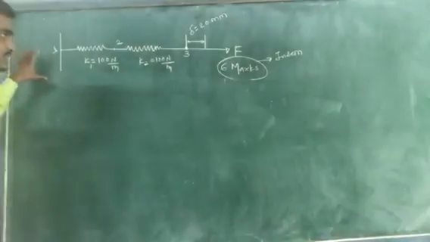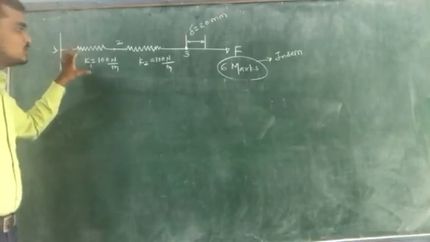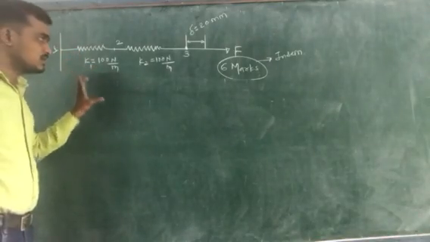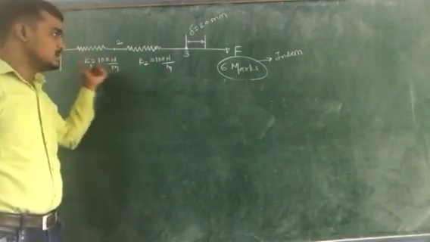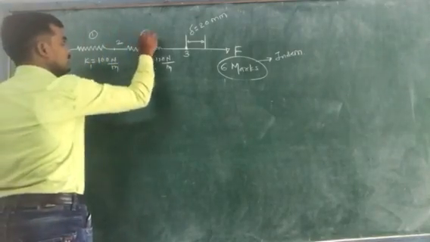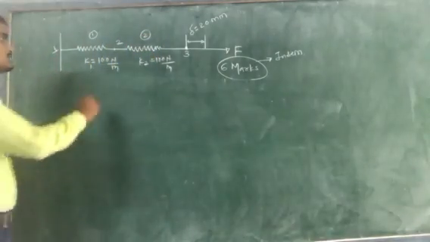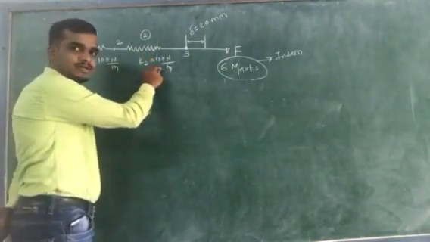As there are two springs, we need to consider two elements. One spring is the first element and the second spring is the second element, with spring constants K1 equal to 100 Newton per meter and K2 equal to 100 Newton per meter.